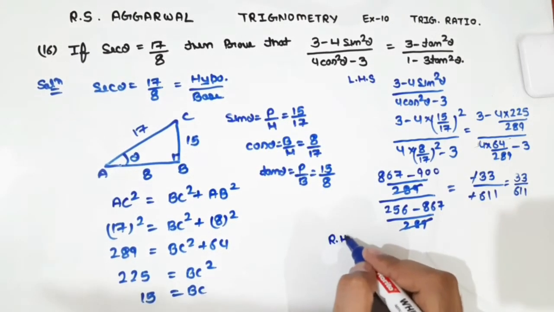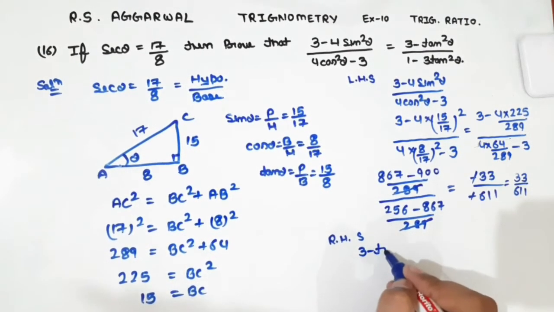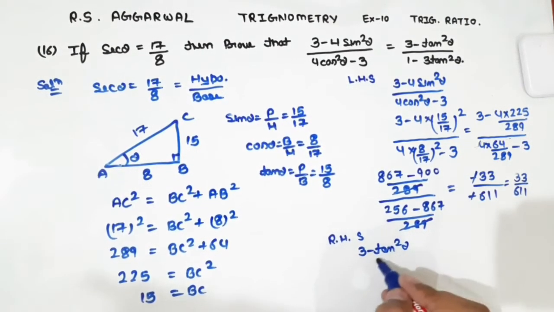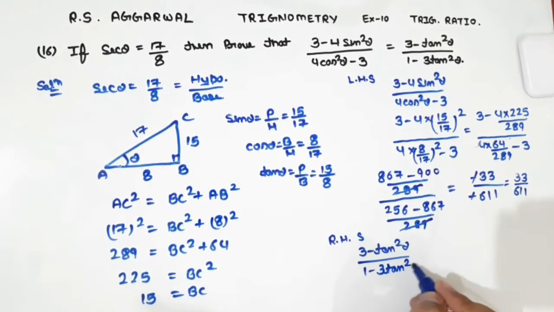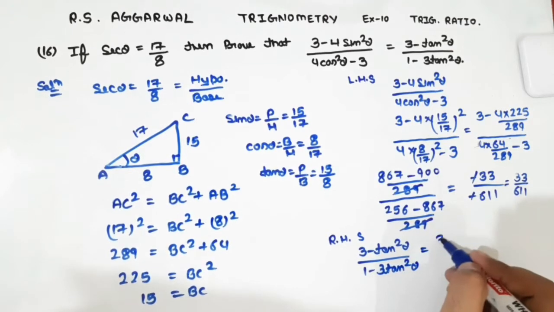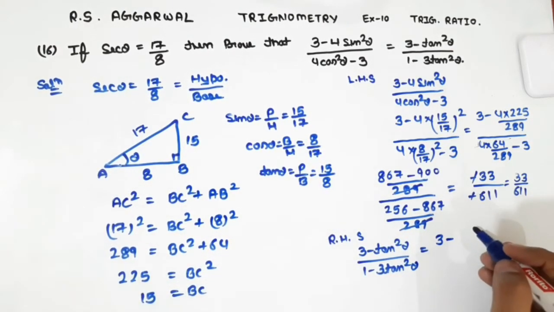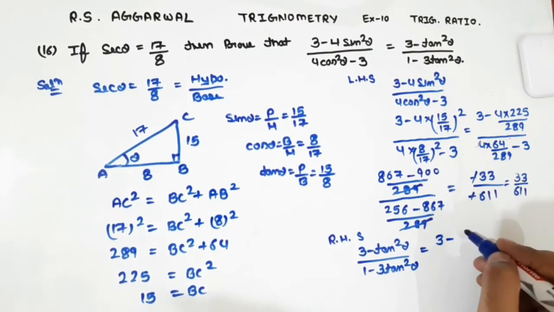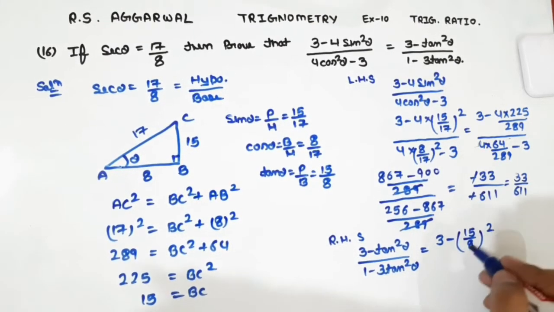Now the right hand side, that is (3 minus tan square theta) upon (1 minus 3 tan square theta). Tan theta is 15 upon 8, and tan square theta will be (15 upon 8) whole square.